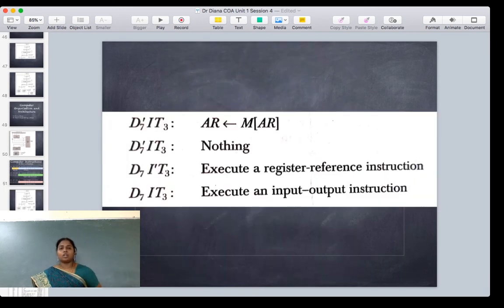This is the information which indicates at what point of time and with what control inputs the different types of instructions are executed. The first indicates an indirect memory reference instruction. The second denotes a direct memory reference instruction. D7I'T3 indicates a register reference instruction, and D7IT3 indicates an IO instruction.